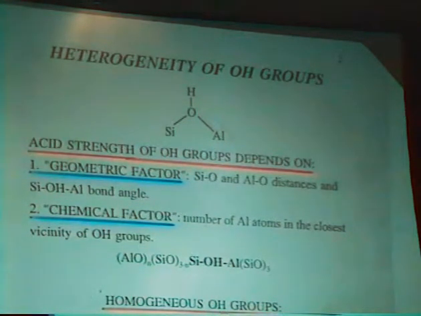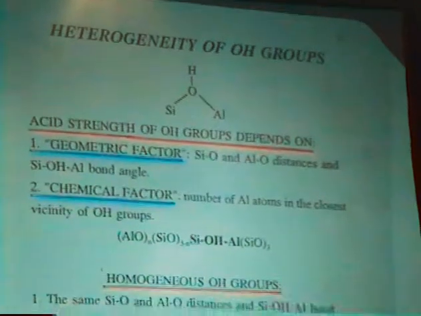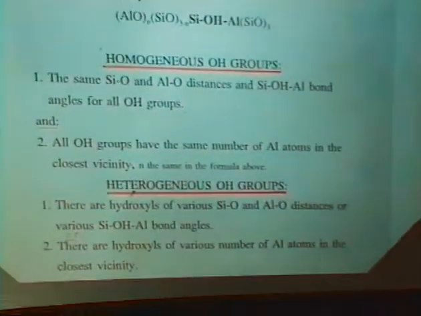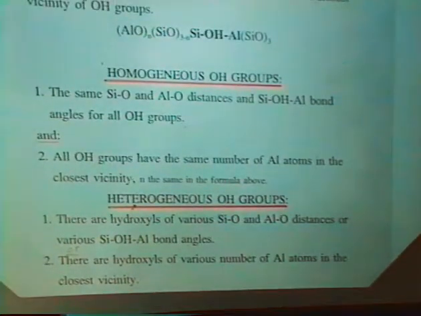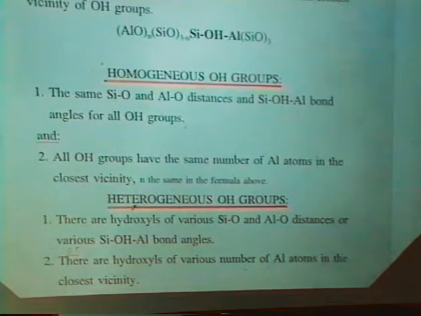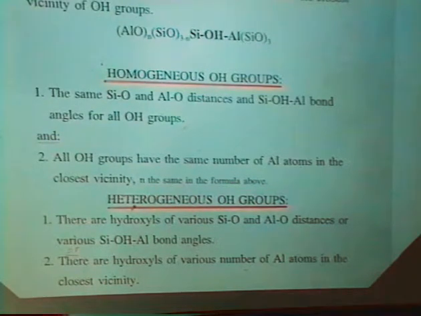Based on those considerations, we may say that homogeneous hydroxyl groups, meaning all of the same acid strength, would appear in zeolites in which all the hydroxyls have the same geometry, and also all the hydroxyls have the same number of Al atoms in the closest vicinity. In other words, the N number is the same for all the hydroxyls.